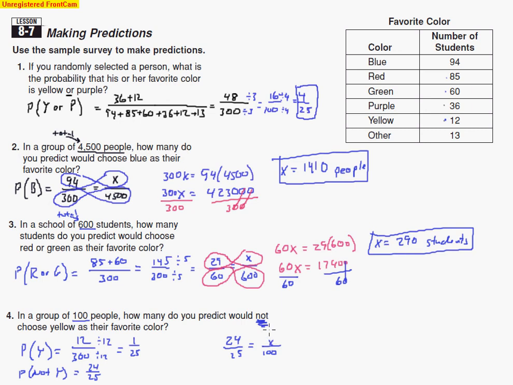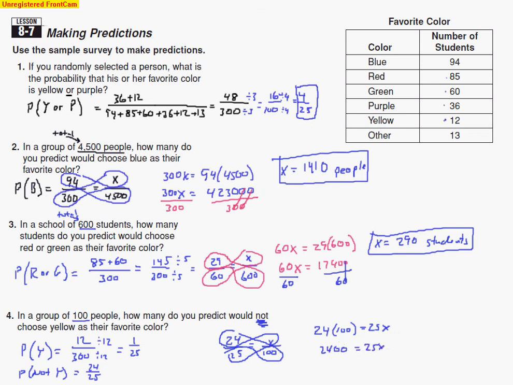And then from there, we multiply the 24 times 100. So that makes 24 times 100 equals, and then I multiply these two, x times 25, so 25x. And so I've got 2400 equals 25x.